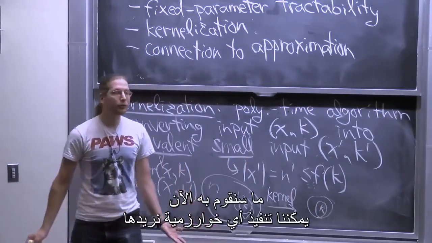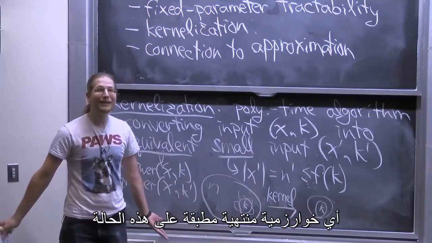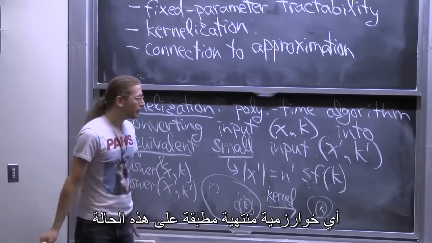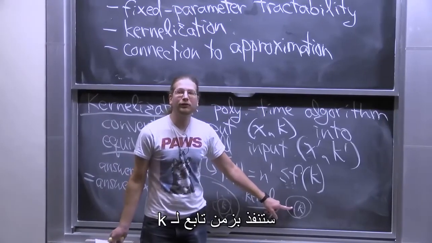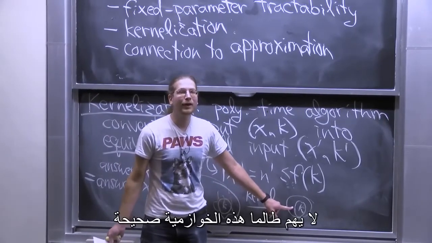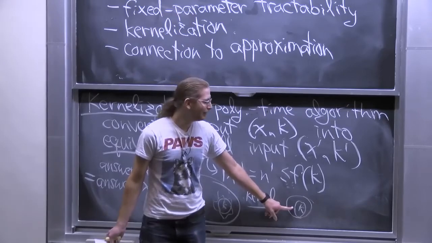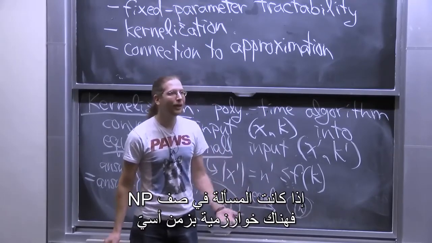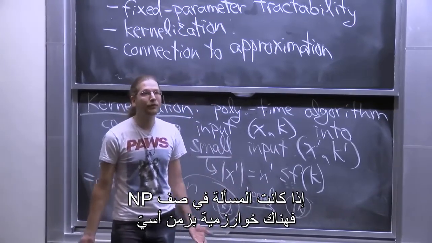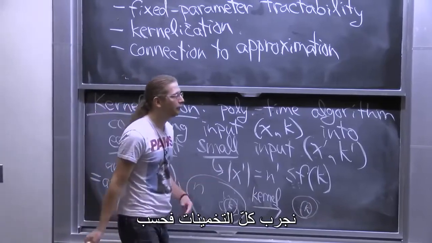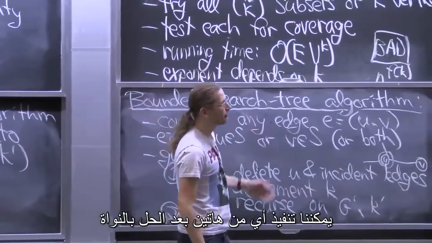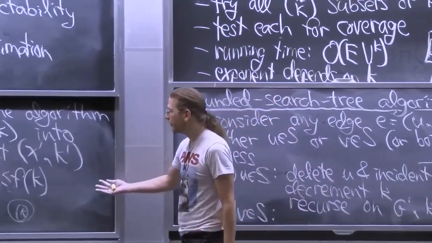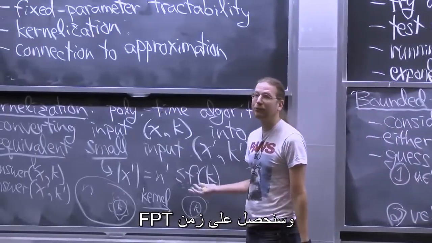What do you do now? You can run any algorithm you want. Any finite algorithm applied to this instance will run in some function of k time. Doesn't matter, as long as it's a correct algorithm. And if your problem is in NP, there is an exponential time algorithm. You just try all the guesses. So we have two of them here. We could run either of these after we've kernelized, and we would get an FPT time.